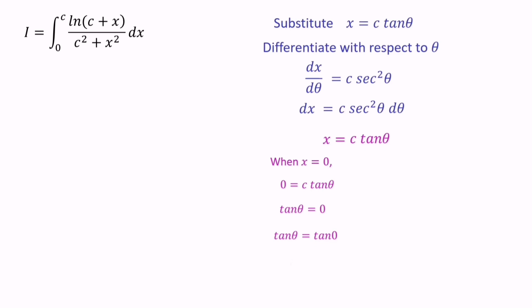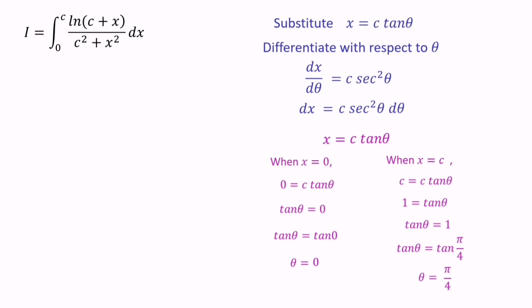So, theta should be equal to 0. Second one, upper limit. When x equals c, c equals c tan theta. We can cancel out c, then tan theta equals 1. 1 equals tan pi over 4. Therefore, theta equals pi over 4.